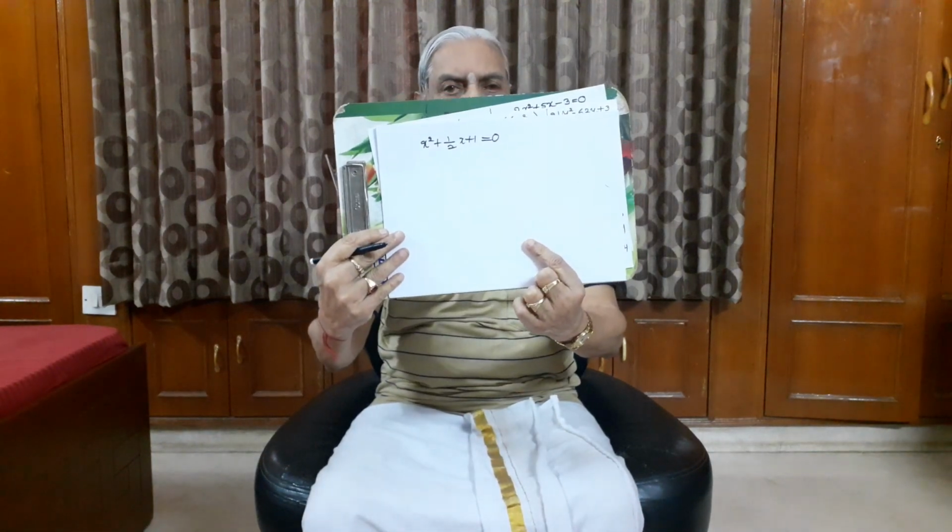Suppose the coefficient of x is a fraction. Let us suppose x squared plus half x plus 1 equals 0. That means the coefficient of x is now a fraction.